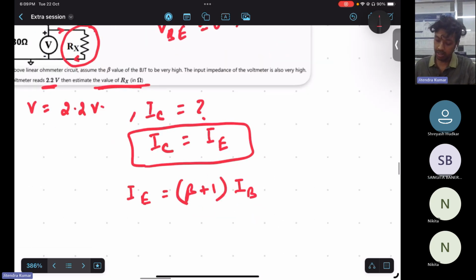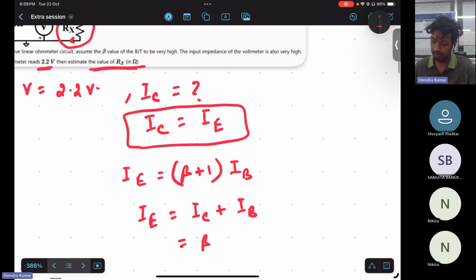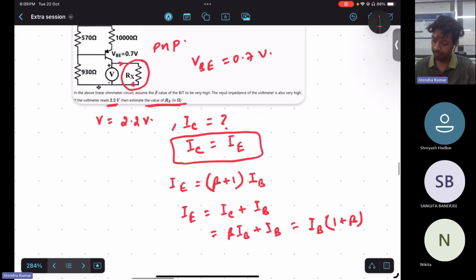See, IE is generally IC plus IB, right? And IC is nothing but beta IB plus IB. So it will be IB (1 plus beta). Is that correct?